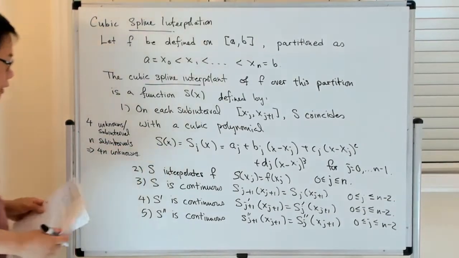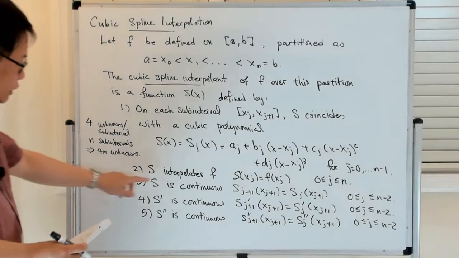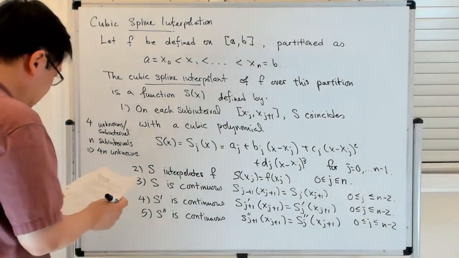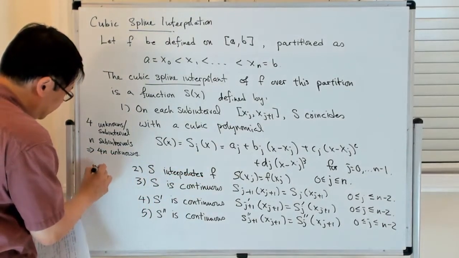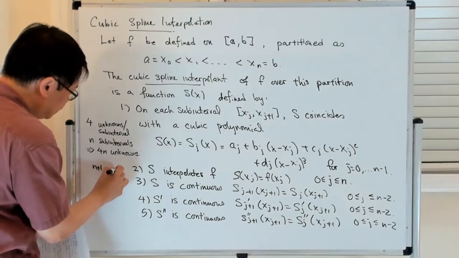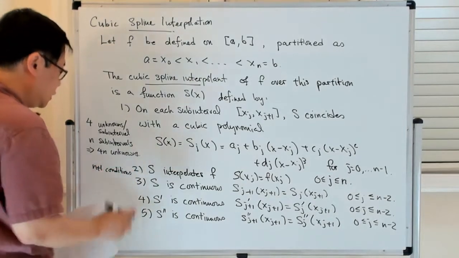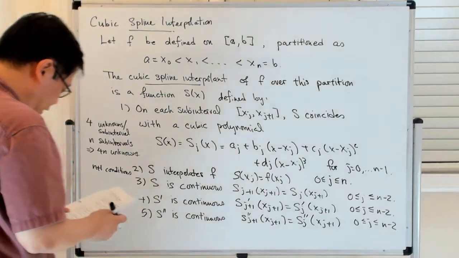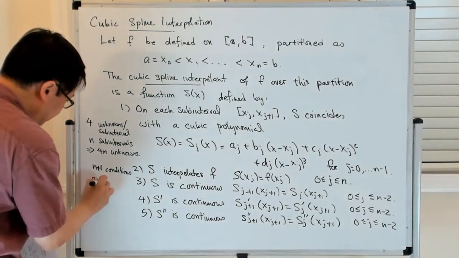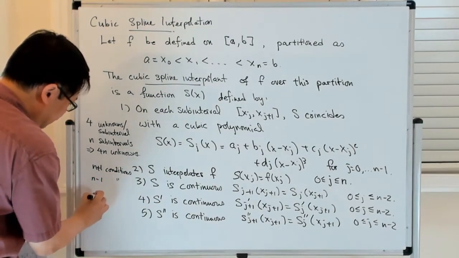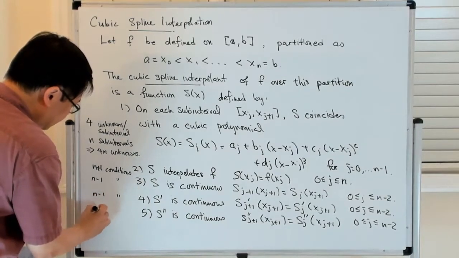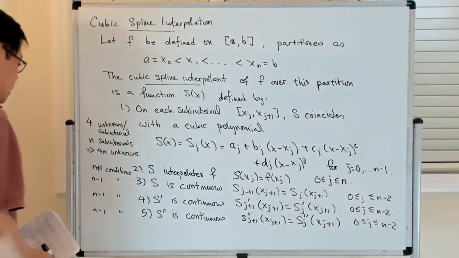Okay, and then you have a bunch of constraints. The first set of constraints are the interpolation conditions, which has n plus 1 conditions. The continuity conditions each have n minus 1 conditions.